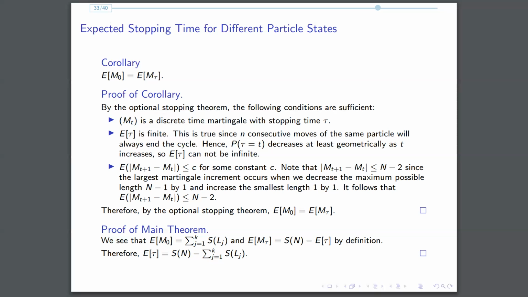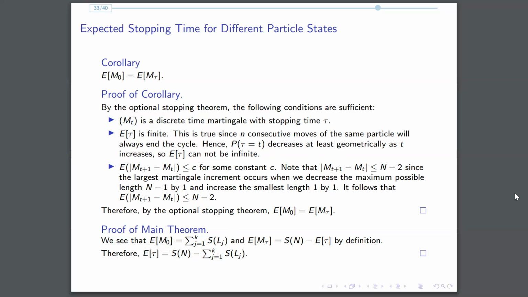The third condition is that the expected value of the absolute value of martingale increments is bounded by some constant c. Note that we reach our maximum value of the absolute value of Mt+1 minus Mt when we decrease the maximum possible length, which is n minus 1, and we increase the smallest possible length, which is 1.